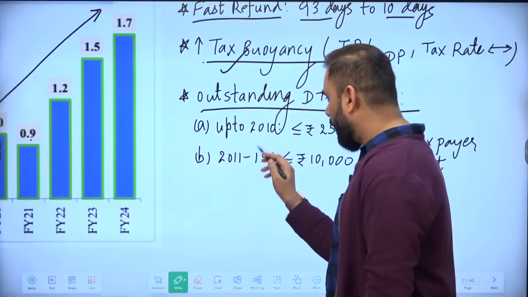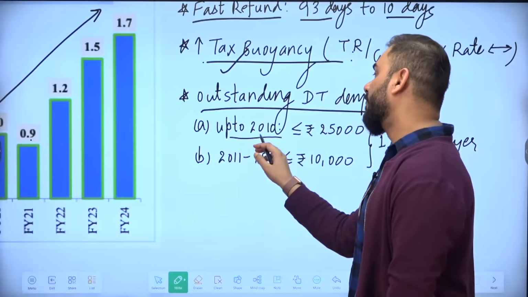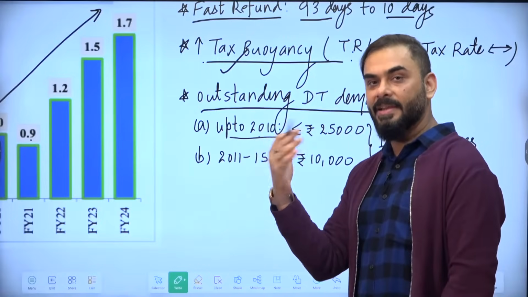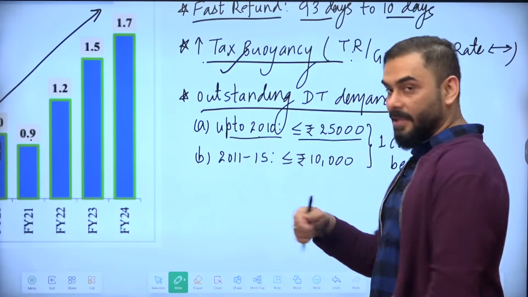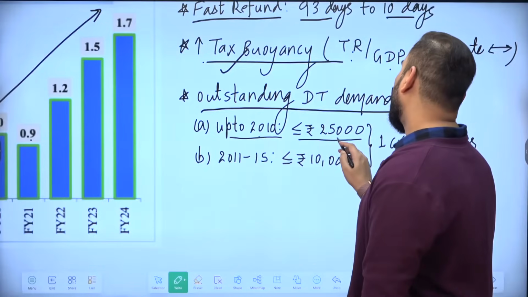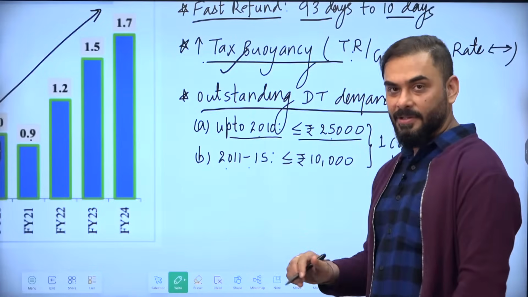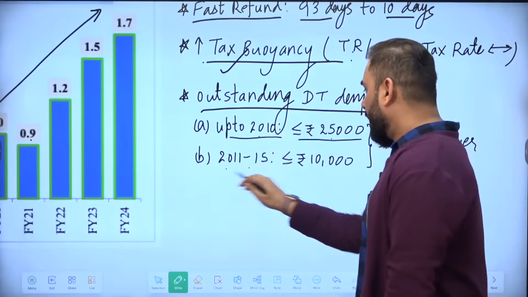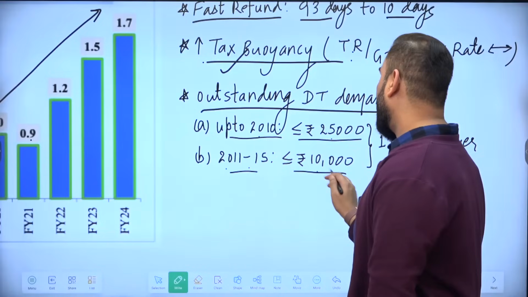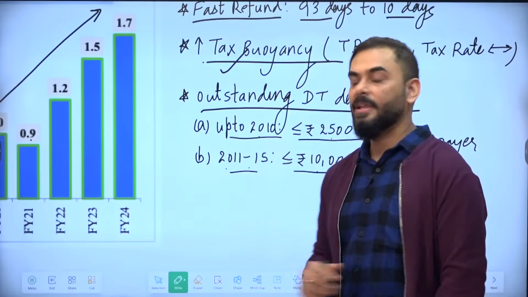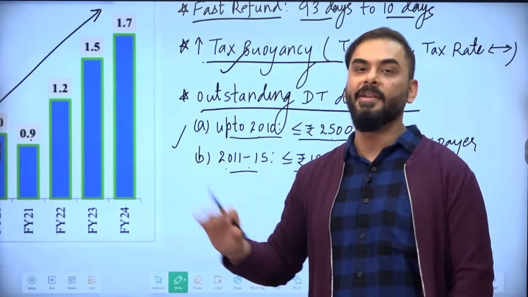So the government of India found out that for all the cases before 2010, which means 2010, 9, 8, 7, all those previous cases, wherever the mistake in the tax calculation was up to 25,000 rupees, and for 2011 to 15, if there has been an error in the tax calculation of up to 10,000 rupees or less, in these two cases, the government is ready to forego it and will not create any demand.